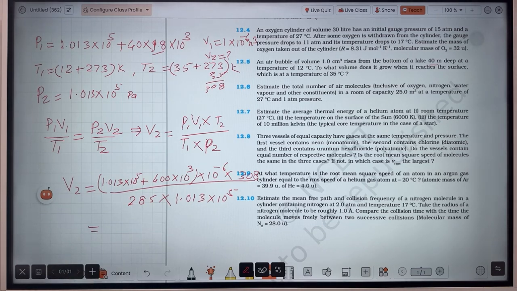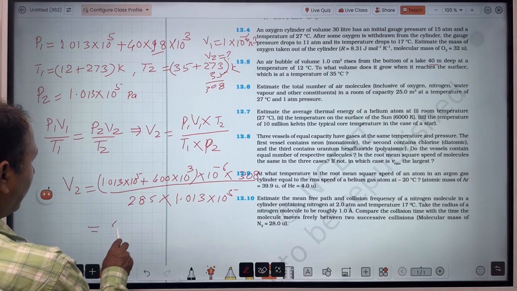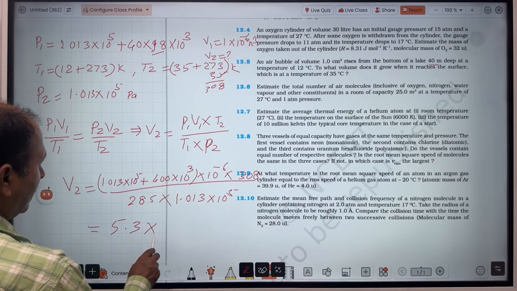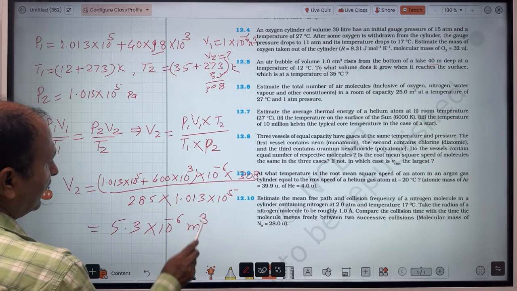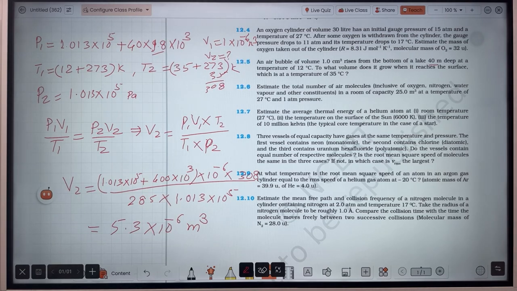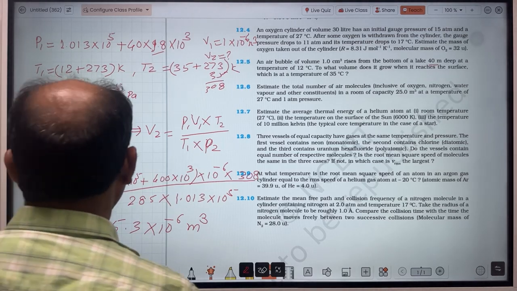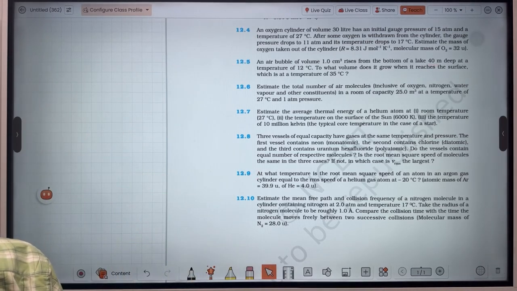Now you can evaluate it, and after evaluation you will get 5.3 into 10 power minus 6. It will become 5.3 into 10 to the power minus 6 meter cube. Right? So I think you have understood. Let's go to the next question.